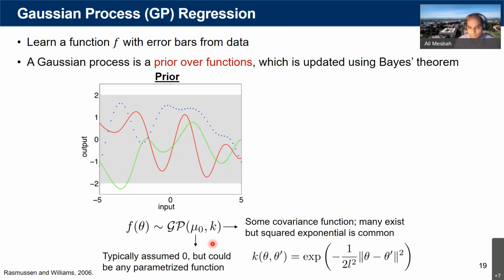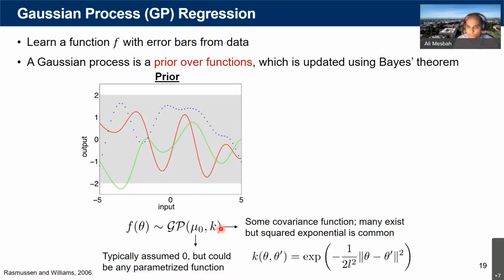Typically the mean is assumed to be 0, but it could be any parameterized function, right? So here theta is our input and f is the output. So in Gaussian processes, we are essentially aiming to represent a prior over functions using this Gaussian distribution, and this k, this covariance function, has many choices for how to represent the covariance function.